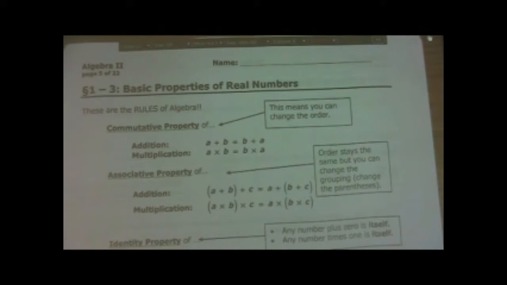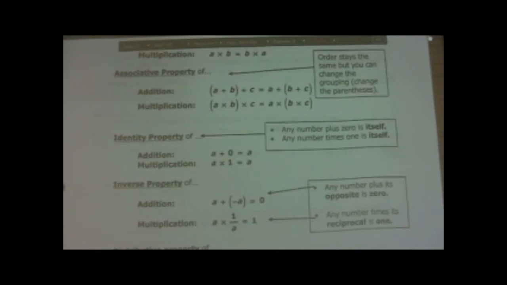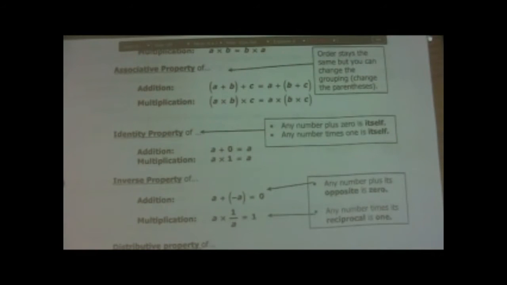All right? Now, we have the identity property. The identity property is: what can we do to a number and not change it? Well, with addition, we can add 0 to it, and we will not change it. So any number plus 0 is itself.